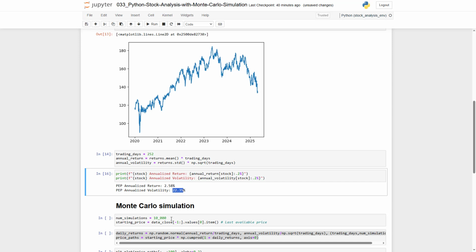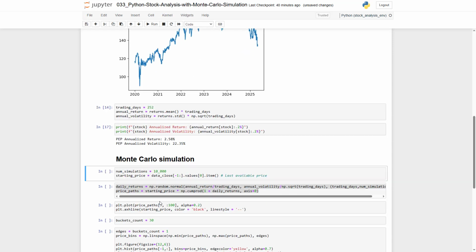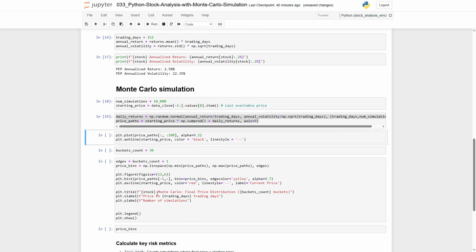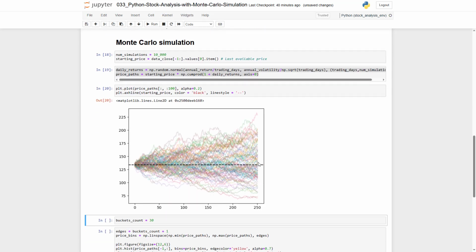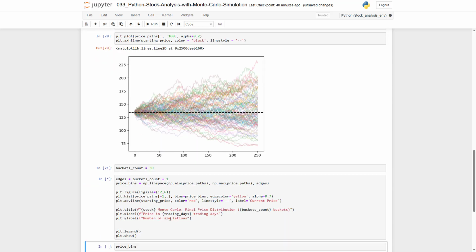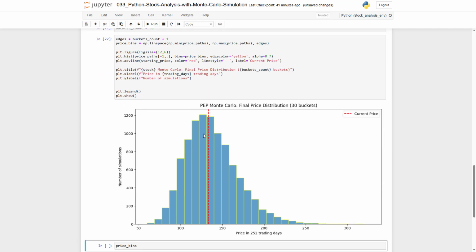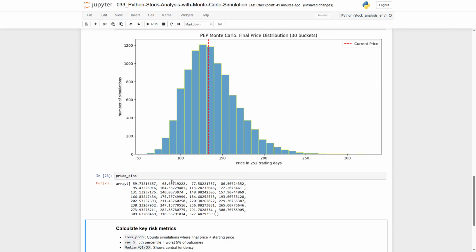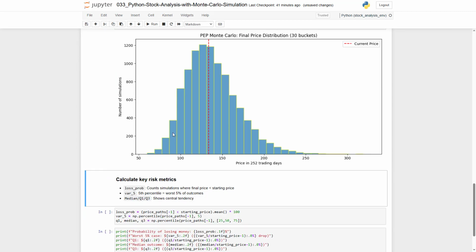Annualized volatility of 22%. Then the Monte Carlo simulation, I'm just curious what would be showing up here. Well, we have a lot of things going up and a lot of things going down. We put them in buckets. This one on the left looks actually pretty stable to me.